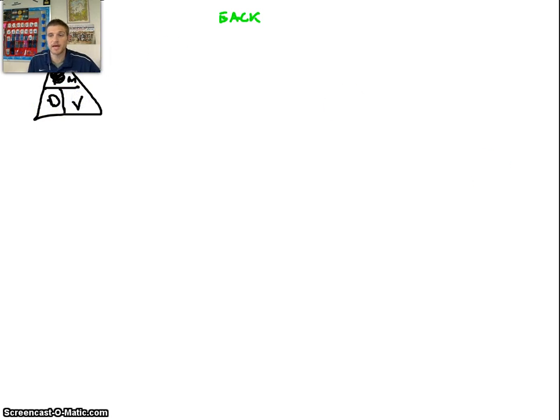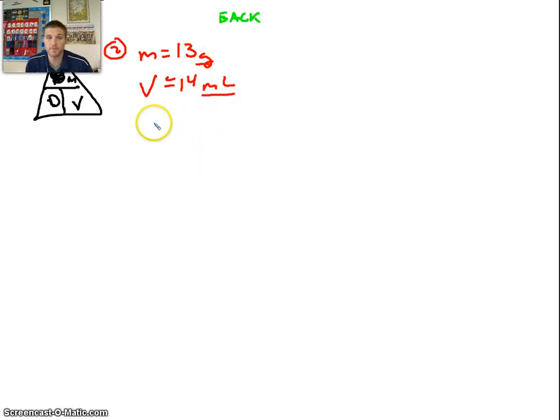The second step is to write down what I know. If I'm given 13 grams, I know that's mass because it ends in grams. If I'm given a volume of 14 milliliters, I know that's volume, because milliliters equals volume. The density is equal to a question mark because I don't know that in this case.